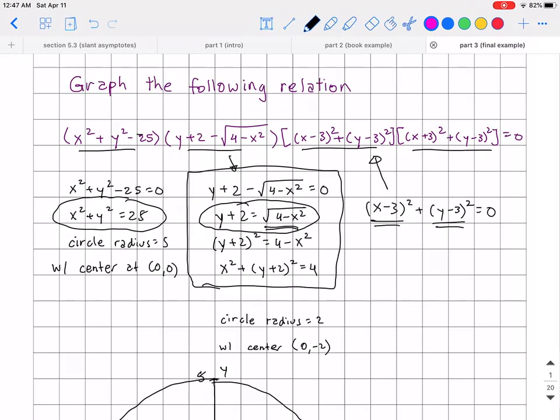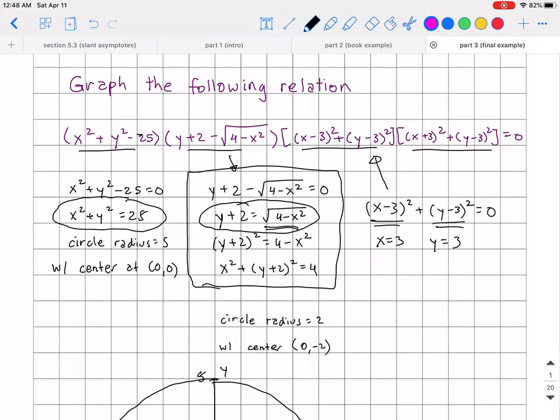Normally, that's not really even possible, because anything squared is always non-negative, so the sum of anything squared is also non-negative. The only time this is going to work out is when x is equal to 3 and y is equal to 3.